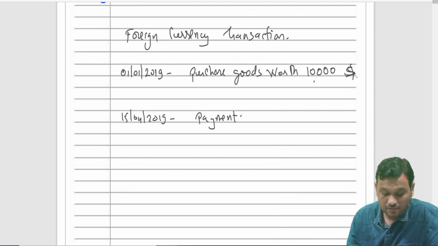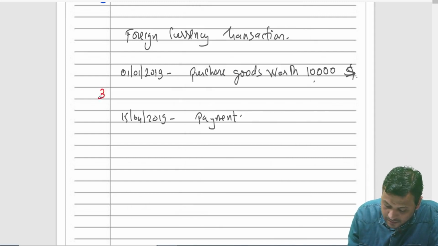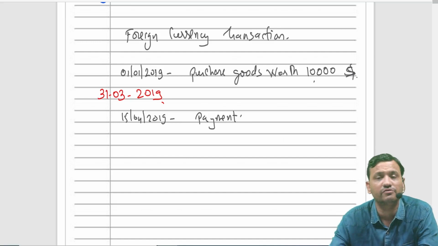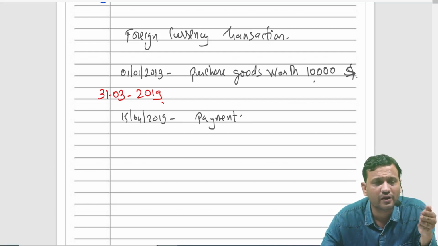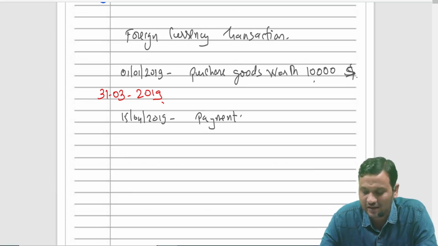Thereafterwards, there is a translation period, or I can say my balance sheet is prepared on 31st March 19. So what do I have to do? I have to translate the foreign currency item at the closing rate. Closing rate, nothing but the rate on the date of the balance sheet, that is 31st March 19.